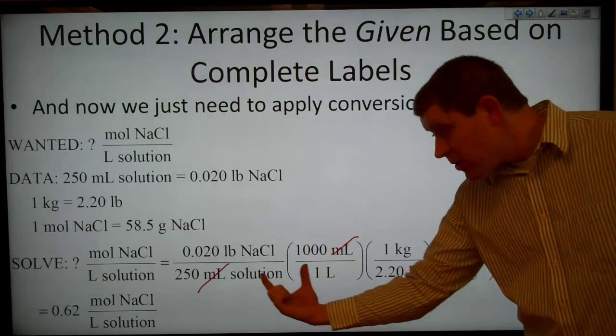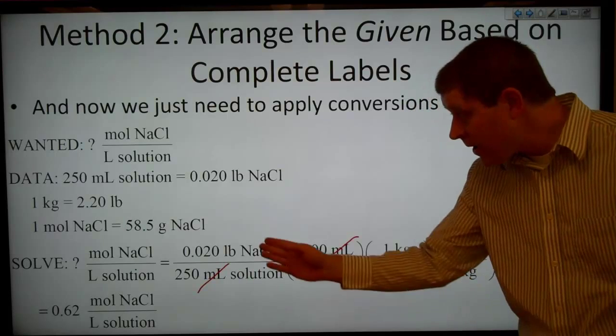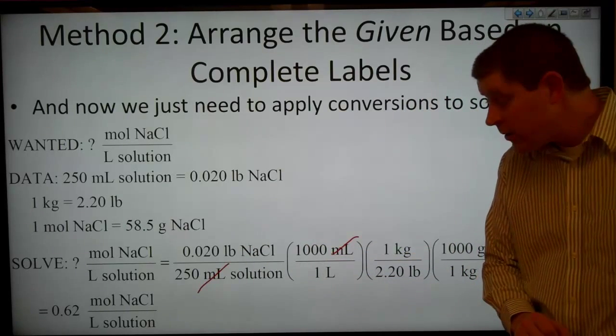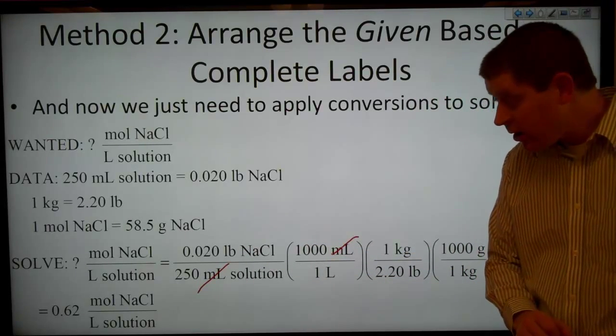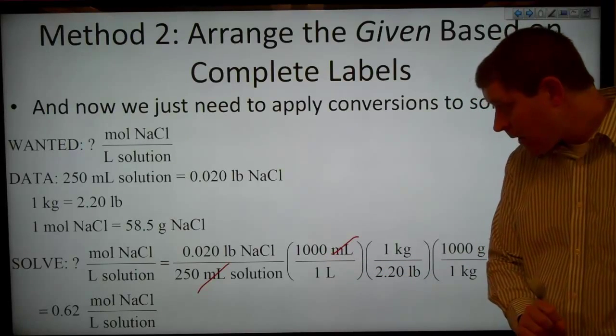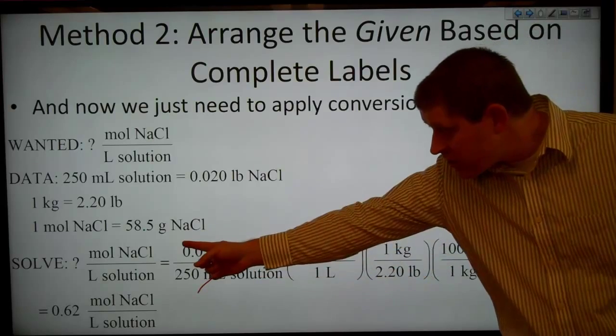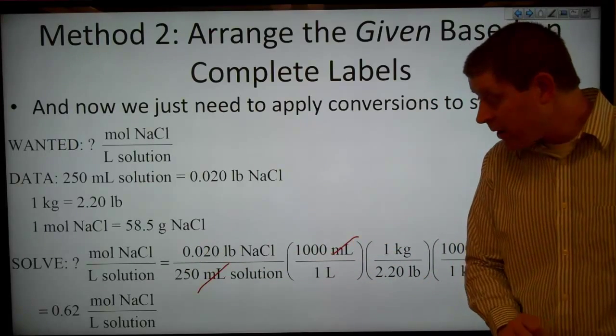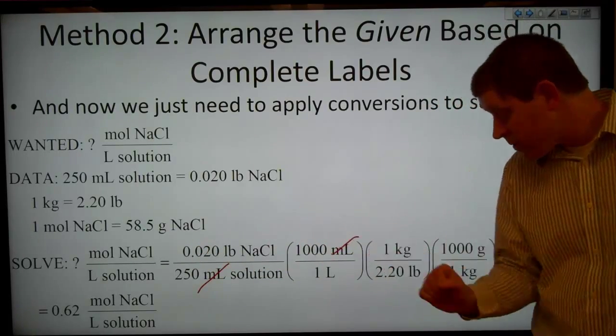And this is still going to be liters of solution. So now we have 0.020 pounds of sodium chloride in 0.25 liters of solution. And now we want to get rid of pounds because we want moles of sodium chloride. So we need to get from pounds of sodium chloride to moles of sodium chloride.